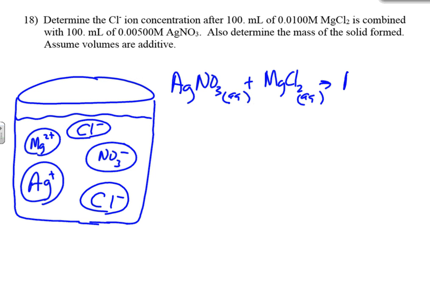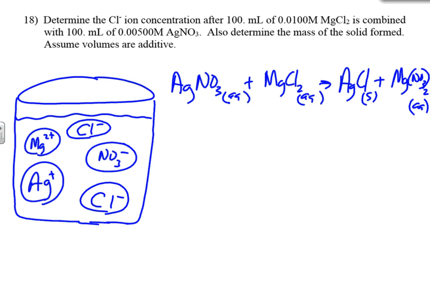So our solid here is going to be the silver chloride. And then the other two ions, the magnesium and the nitrate, are going to be spectator ions. I can draw those together here, aqueous, but we realize that they're really just going to stay dissolved in solution.